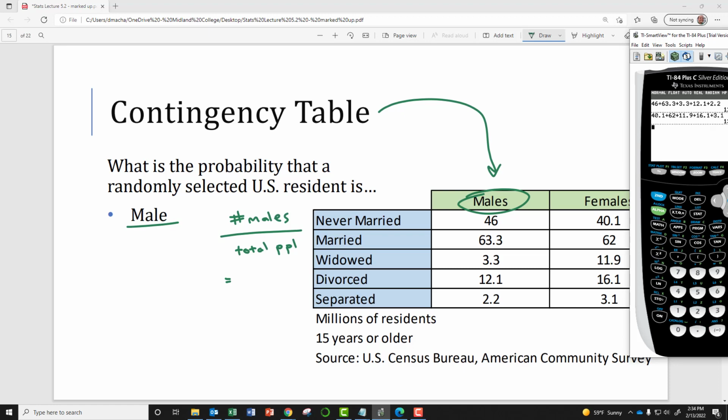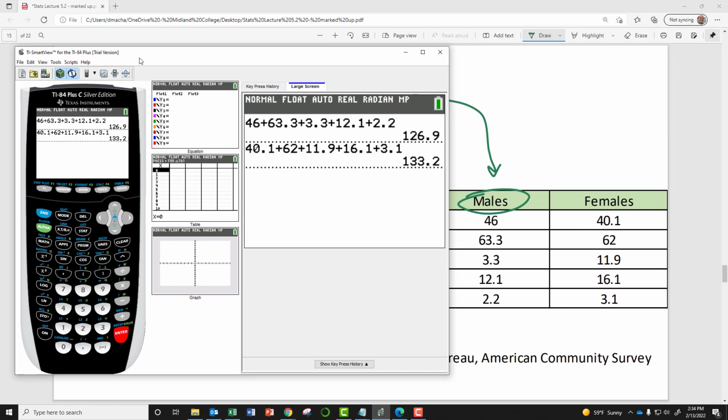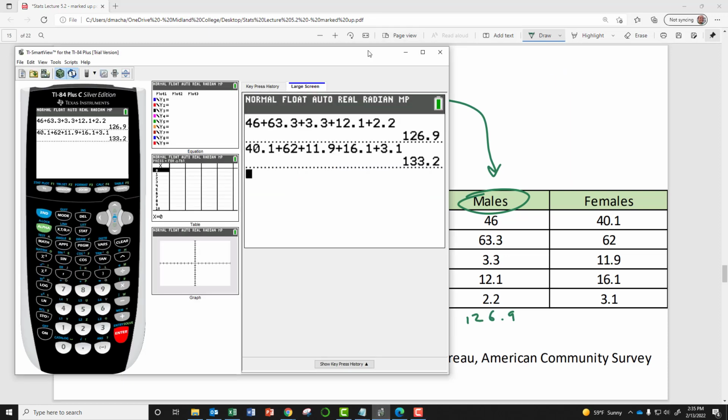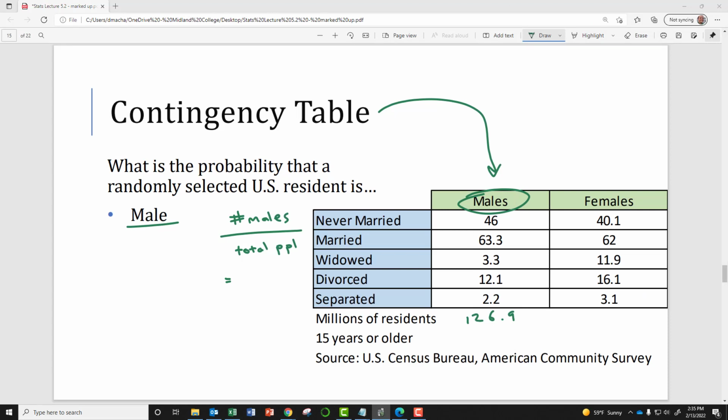So if I entered these correctly, I now have the numbers for total males and total females. So total, I have 126.9 males and 133.2 females. And if we add those numbers up, my total number of people is going to be 260.1.